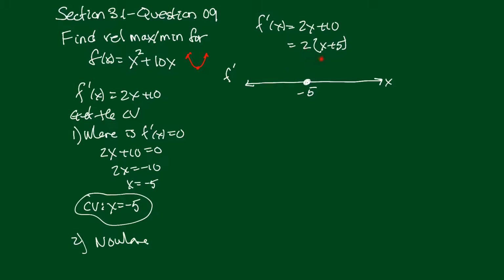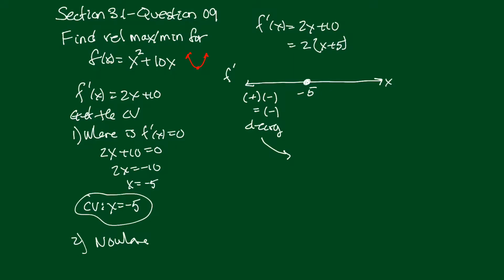If I put negative 6 in, negative 6 plus 5 is negative 1. So what we've got here is a positive for the 2 and a negative for the x plus 5 term. I multiply those together. That gives me a negative, which implies the function is decreasing. So I know on this side here the function is decreasing.